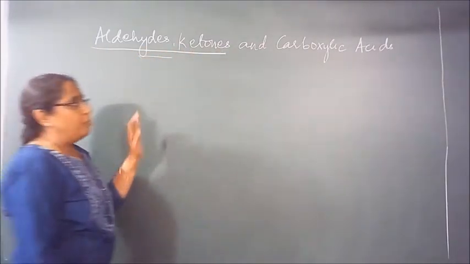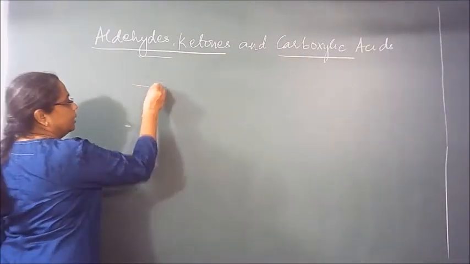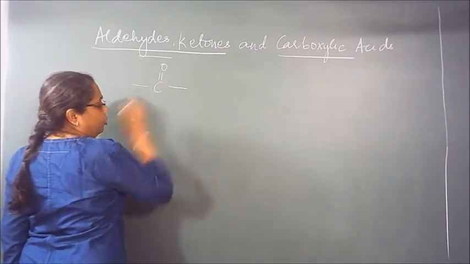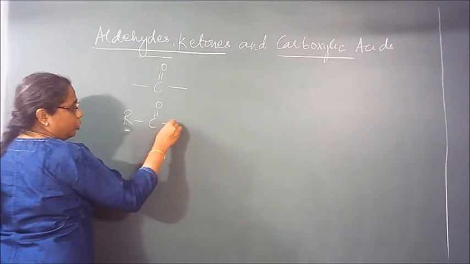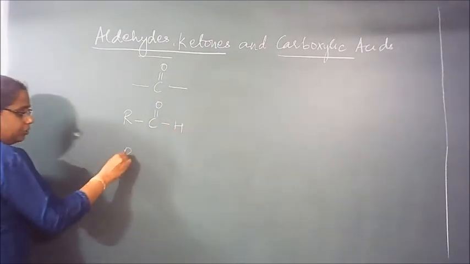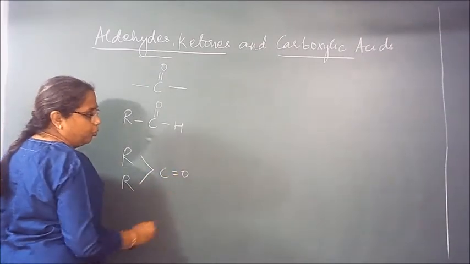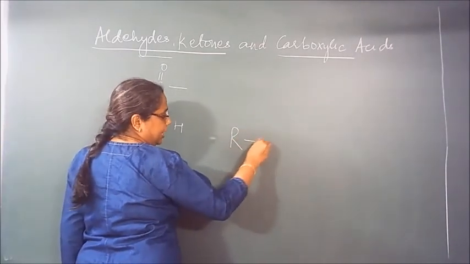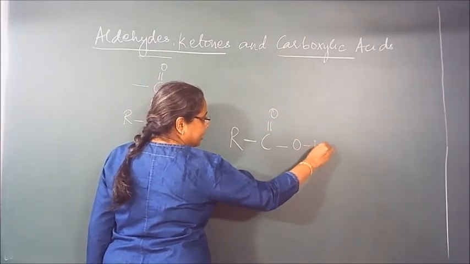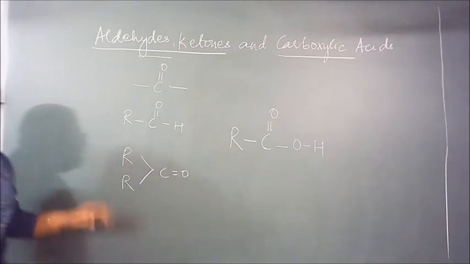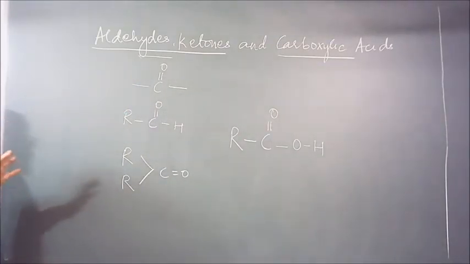All these three compounds have a prominent C double bond O group. An aldehyde can be written as RC double bond OH. A ketone can be written as RC double bond O with another R, and an acid can be written as RC double bond O, single bond O, single bond H. Why are all these three compounds placed together?